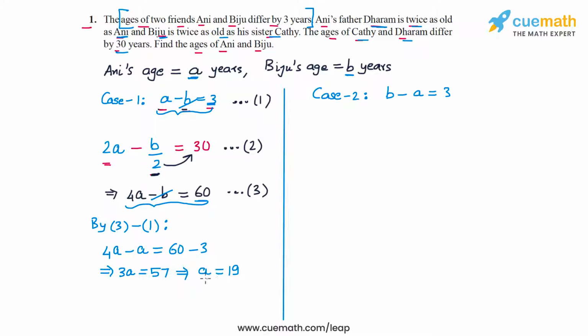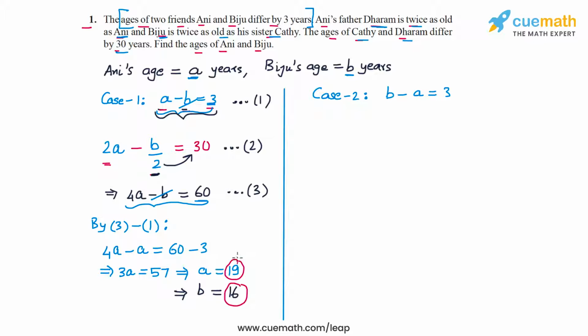And if A is equal to 19, then from equation 1 we see that A minus B is equal to 3. This means that B is equal to 16. So in case 1 the answer we come up with is that Ani's age is 19 years and Biju's age is 16 years. Does this make sense?